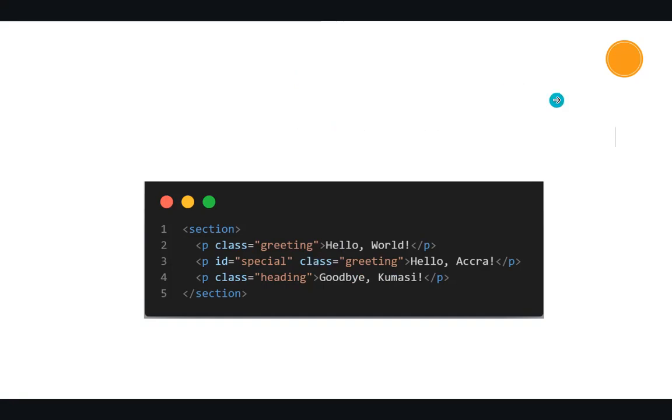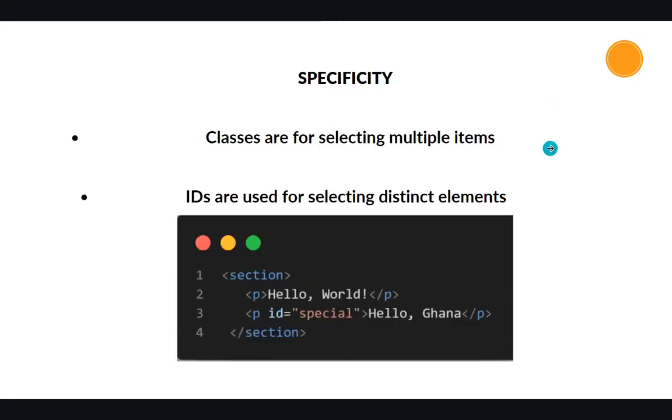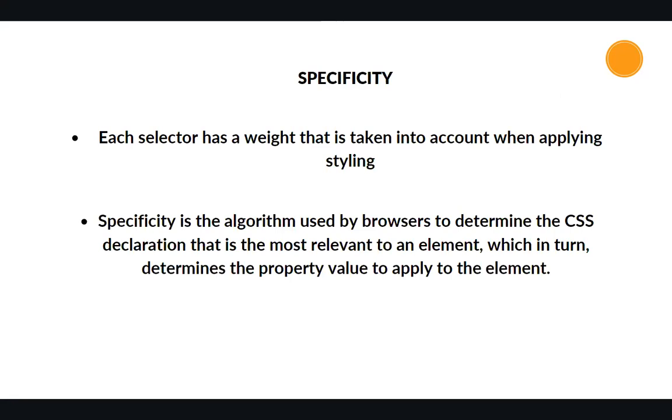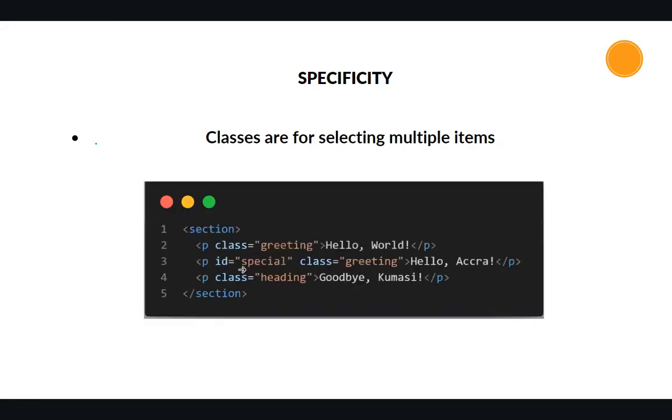The thing about specificity, and this is just going over IDs being distinct and classes for multiple items, is that each selector has a weight, and it is taken into consideration when targeting an element to select. For example, say we have this paragraph which reads hello Accra.